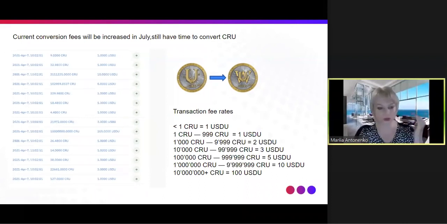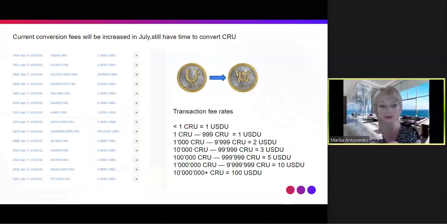And then you go to your blockchain wallet and you will notice to your horror that you have to pay like $100,000 for conversion and not $100. For example, where you had to pay like $2, it might be like $1,000 now because of the difference between the CRU and WCRU. But it's still up to you.